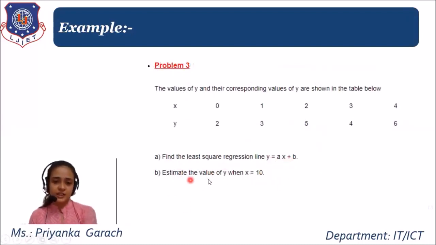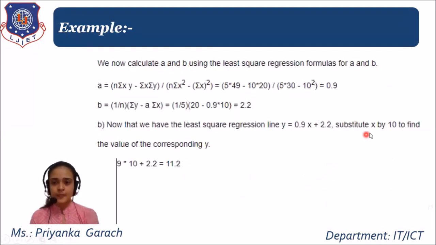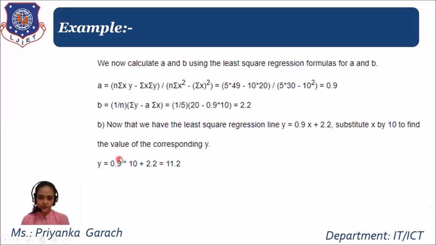Now the second question: estimate the value of y when x is equal to 10. What I have to do is just put the value of x equals 10 in this equation, and then you will get the value of y. So I'm writing y equals 0.9 into x value 10 plus 2.2.